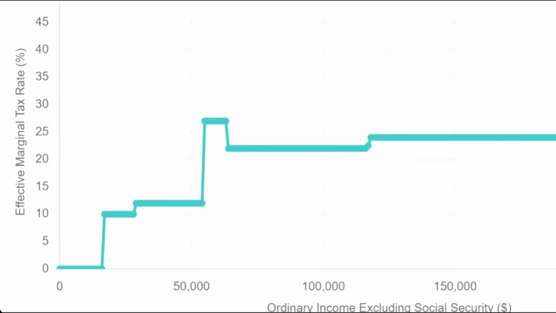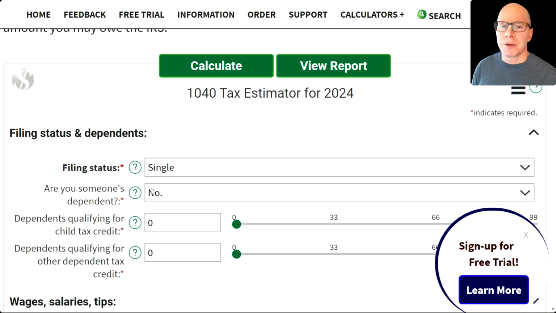So here you might think you're in the 12% bracket and you do a Roth conversion, but you end up having to pay 15% in taxes on some preferential income that was otherwise not taxed, resulting in a higher marginal effective tax rate. So let's check the Dinky Town calculator just to see the Social Security impact in action.